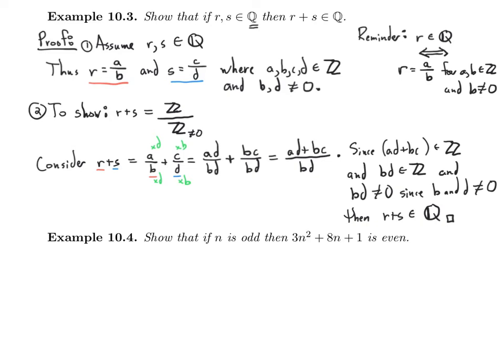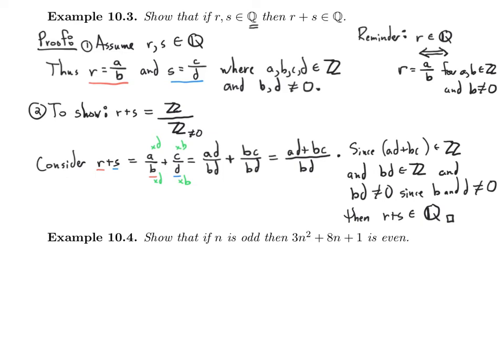We want to show that r plus s is a rational number, so it's an integer over a non-zero integer. So we write out r plus s. We write r and s in terms of their fraction forms. We do a little bit of fraction arithmetic to get it in this form, AD plus BC over BD.